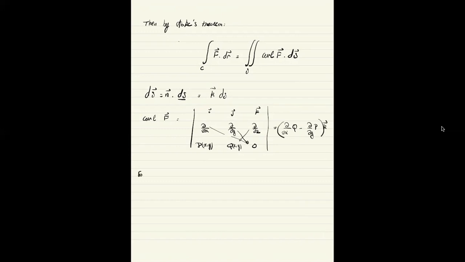So the integral of F dr is the integral over the surface S of dx Q minus dy P k scalar with k dS.